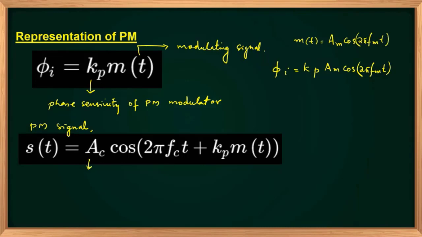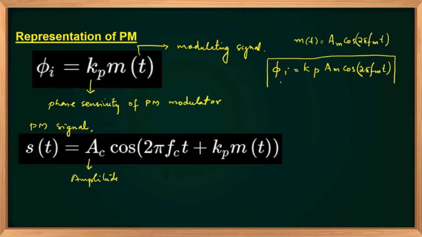Ac is the amplitude of the PM wave, which is a constant. Amplitude of PM wave remains constant, but phase is made proportional to the modulating signal. So these are equations related to PM wave.